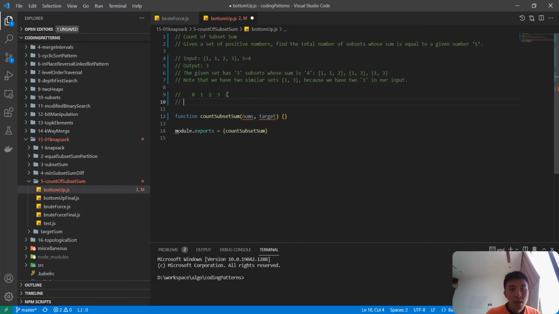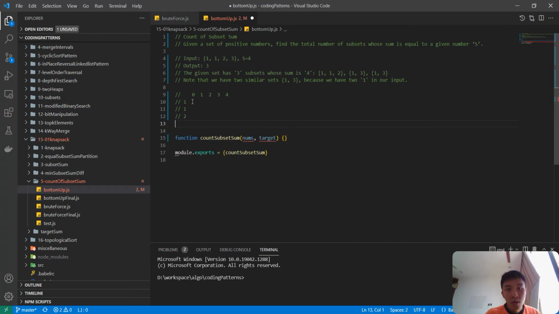And each row will represent a number from the number list, from this input. So we have 4 rows in total. For each row, we'll consider one number from our input.